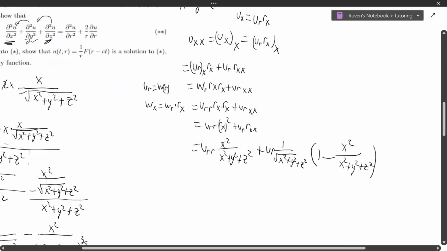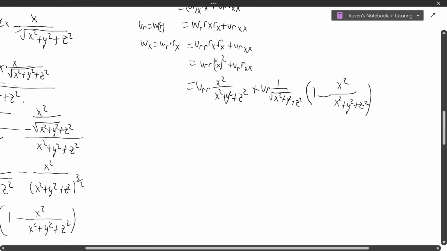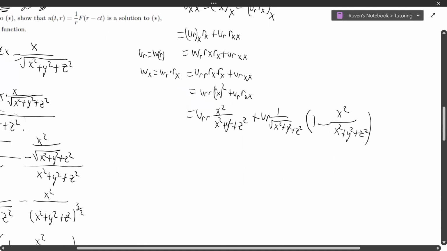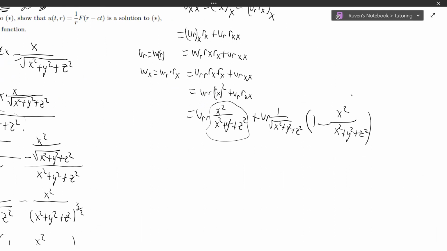So if we start adding them up, these terms are going to stay almost the same. There's going to be one small difference: instead of x squared over here, if we're taking it with respect to y, it's going to be y squared, and here it's going to be y squared, but the rest stays the same.